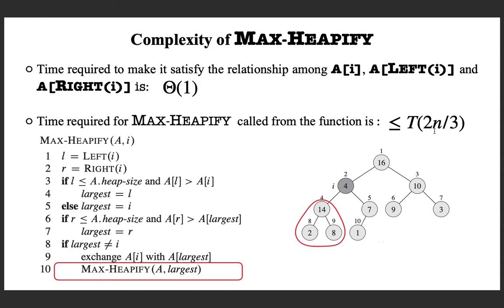Because in the worst case, n could be the maximum number of nodes. In this particular case, out of the 10 nodes, only 3 are inspected, not 10. And if you move down, you will be looking at only one of these nodes. If you closely observe it and do an analysis using the amortized method, you can see that this is correct.